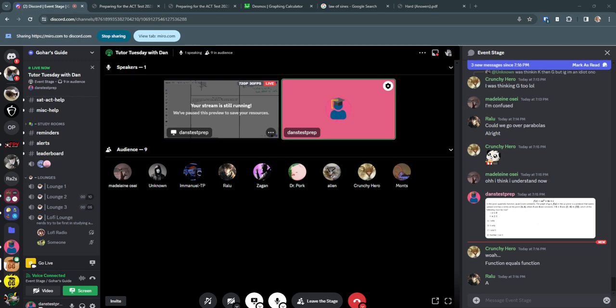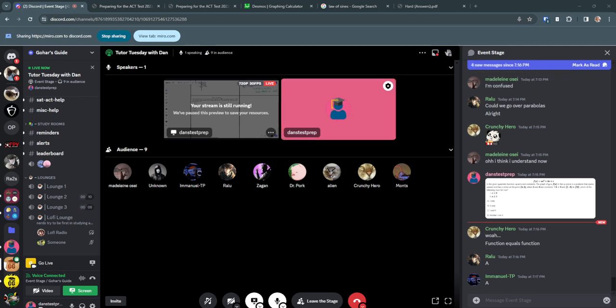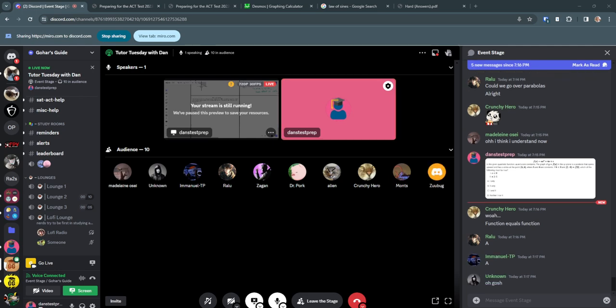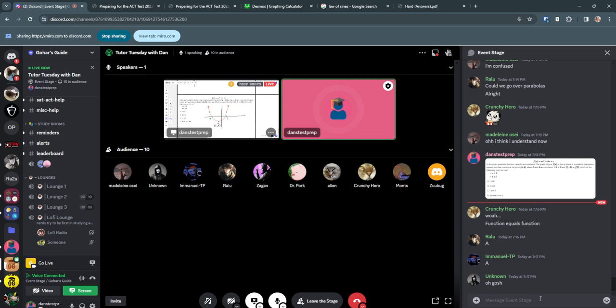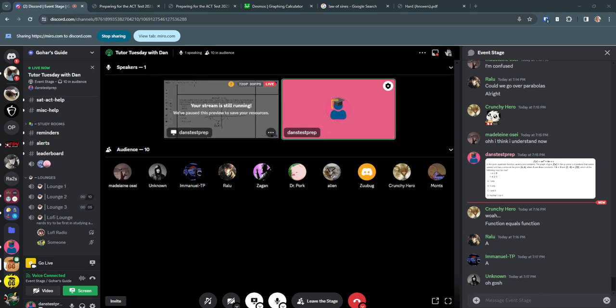C is less than 0. If we can find any counterexamples, then this would make it false. But let's think about this. Well, C here is the y-intercept.